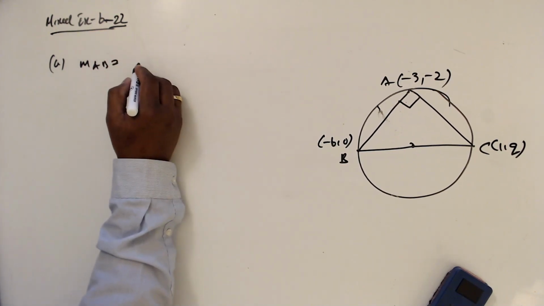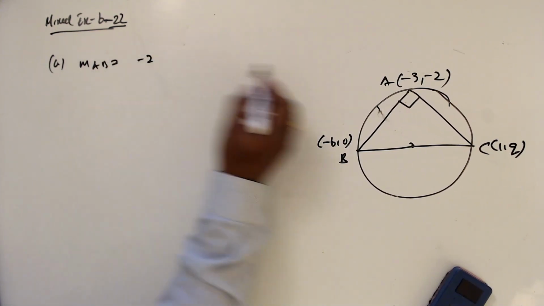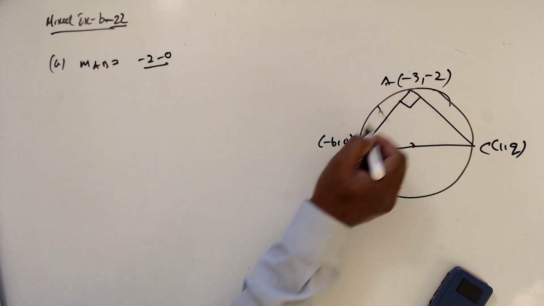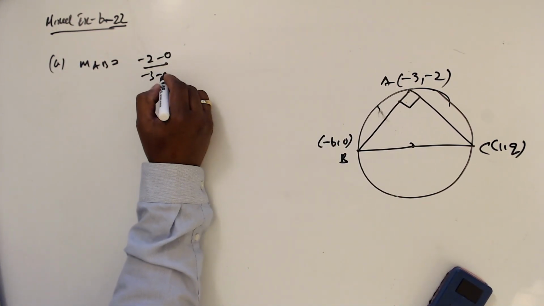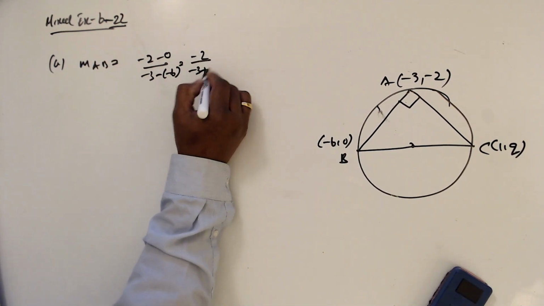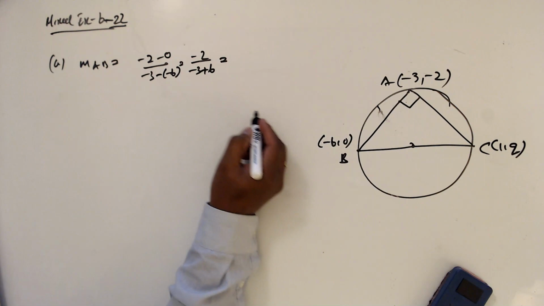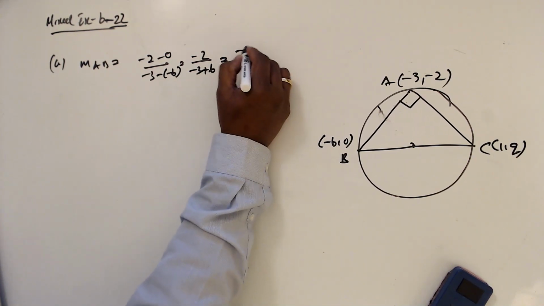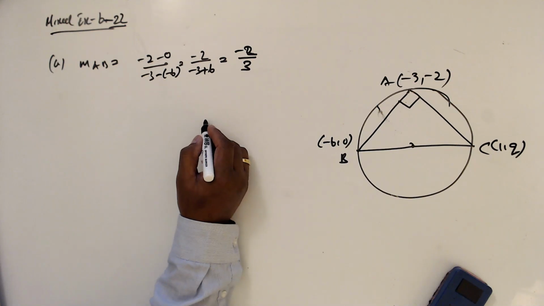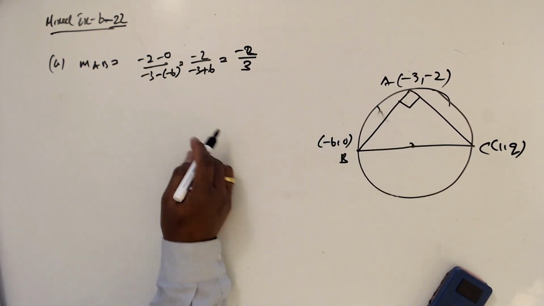MAB equals (y1 minus y2) divided by (x1 minus x2). So minus 2 over minus 3 plus 6, which is minus 2 over 3.